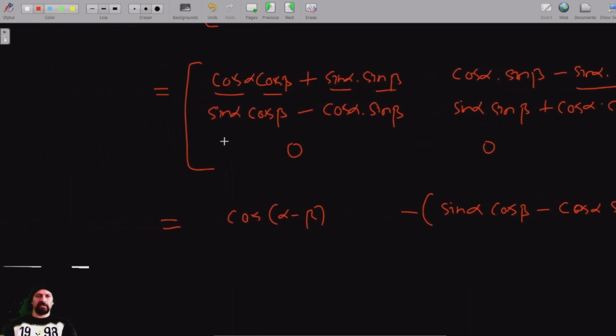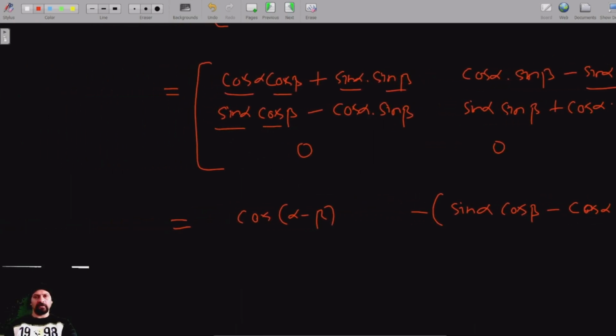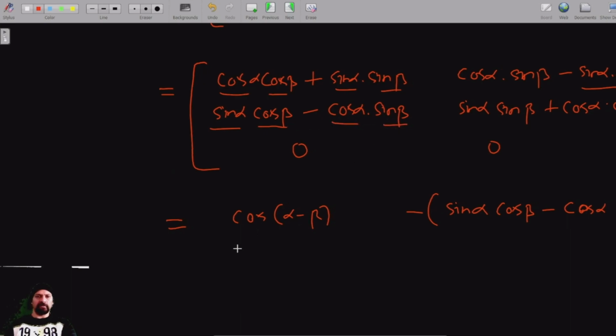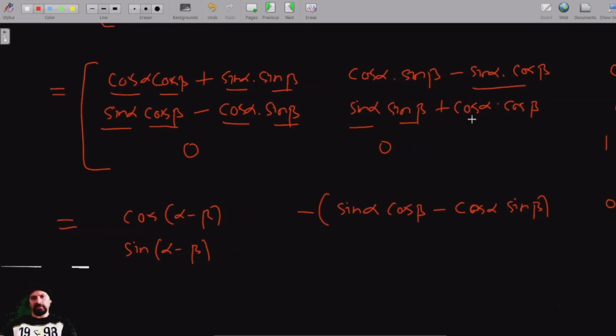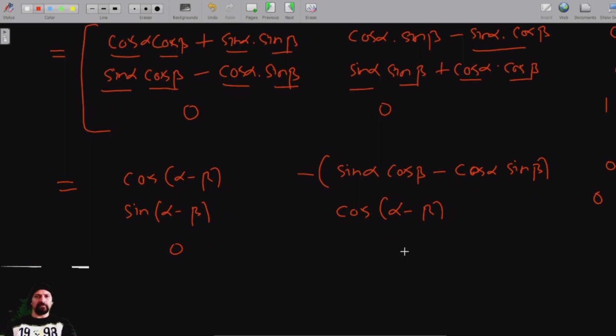Now this is sine A cos B minus cos A sine B, which is sine of A minus B. Sine A sine B plus cos A cos B is cos of A minus B. This is 0, 0, 0, and 1.